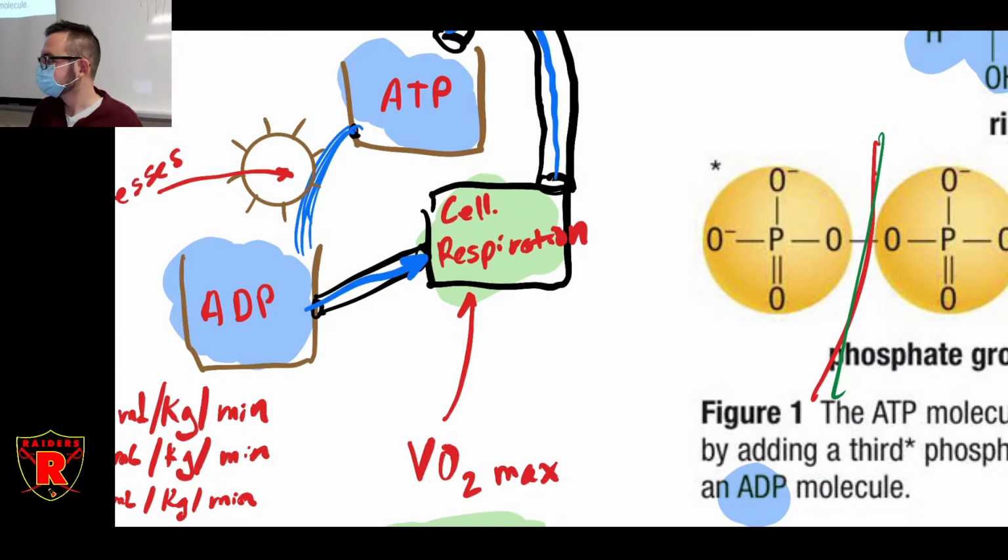When you're born, you generally have quite a high VO2 max. Babies are very physically fit, which is interesting when they come out. And if you monitor VO2 max in the population, a really interesting trend is that as people age, their VO2 max tends to go down and down over time.